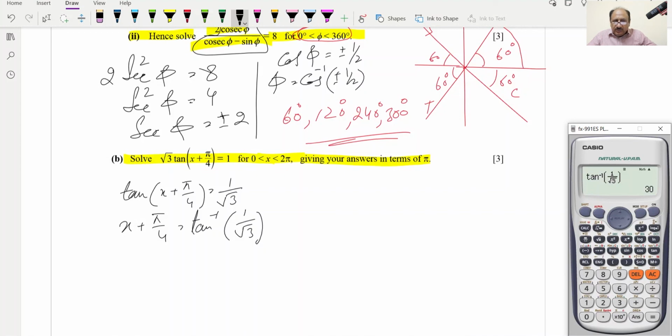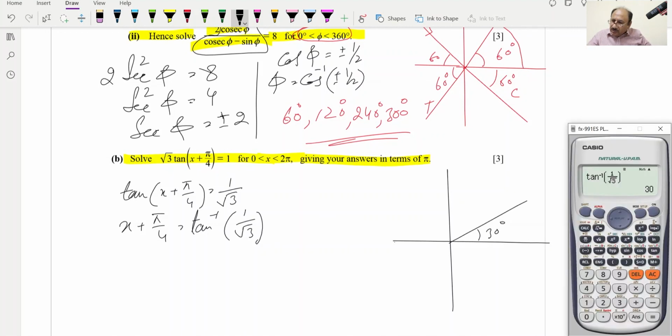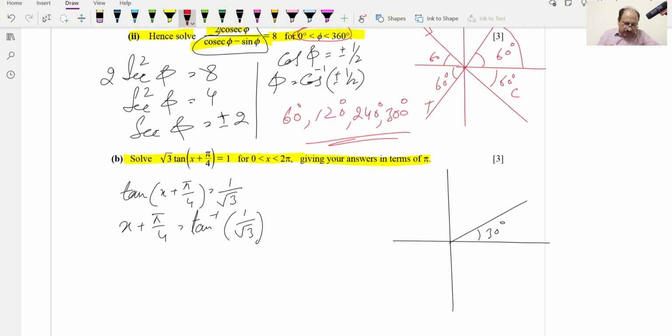If we draw like this one, 30 degrees is like this, and if we check in radian mode, this will be equal to pi by 6. So our one angle which we got is pi by 6.